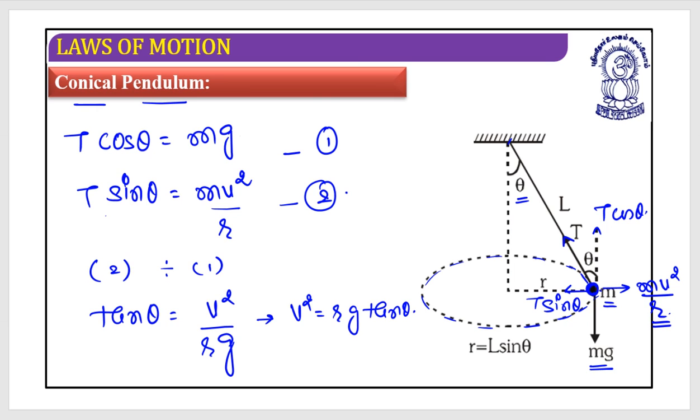But this r is the radius. If I want to replace it with the help of length of the string, what I can do is that, as I can see this triangle, this is the 90 degree. So if I write sin theta, that would be equals to r by L. So if I want to replace r, it's a capital L sin theta.